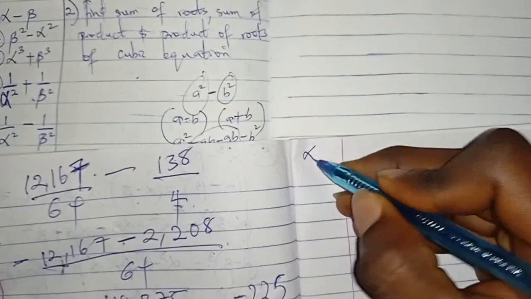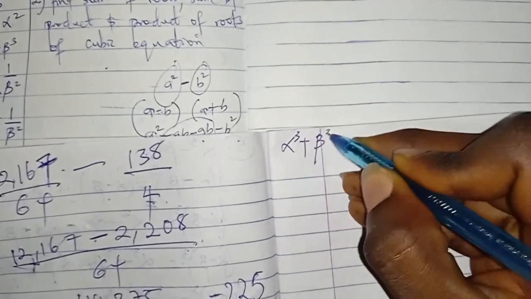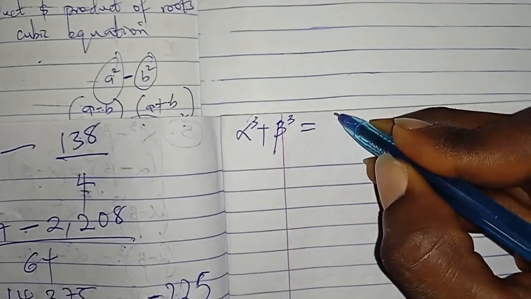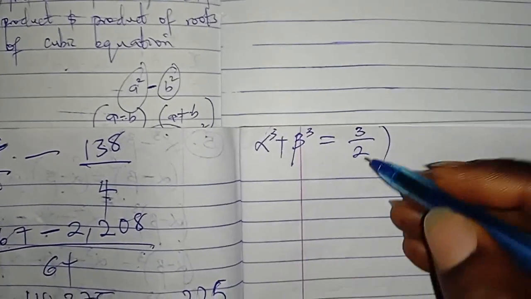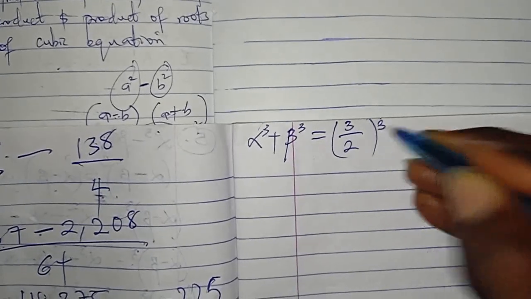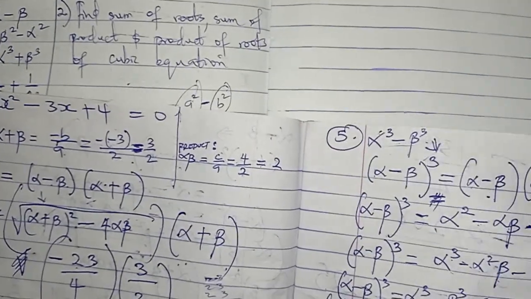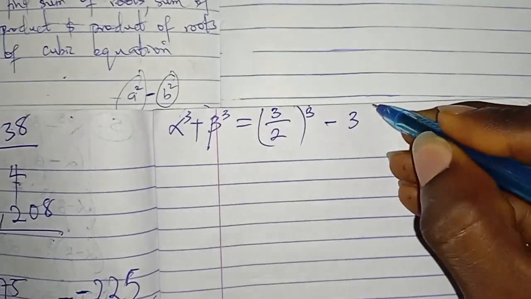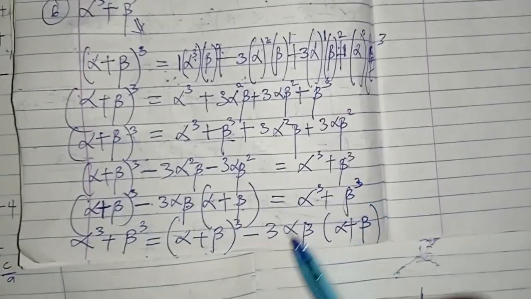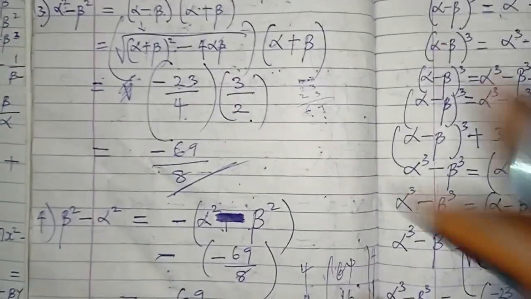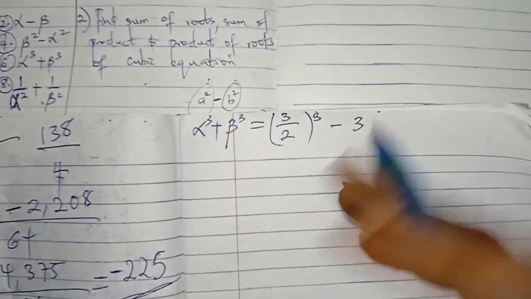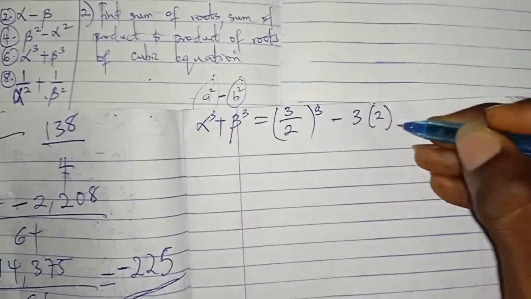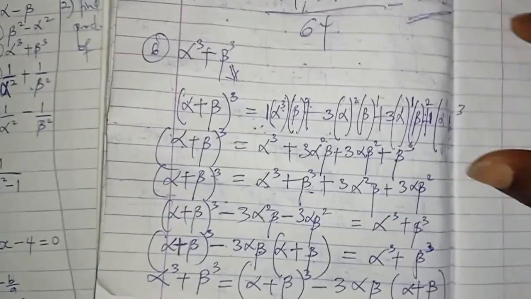I have alpha cubed plus beta cubed equals 3 over 2, raised to power 3, minus 3 alpha beta, and alpha beta in this question is 2, so minus 3 into 2, then alpha plus beta.